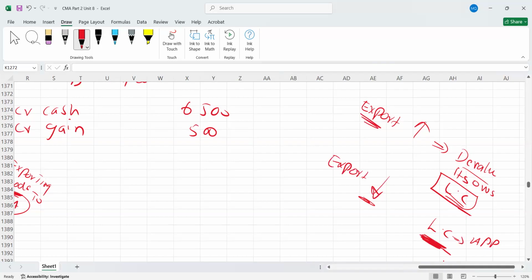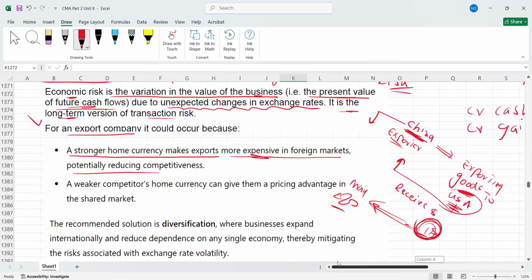Understood? So this is what they're saying. Now try to understand this statement. They're saying for an export company, it could occur because a strong home currency, okay, if you make your home currency strong, your exports will reduce because your product will become more expensive. This is what I said, right?